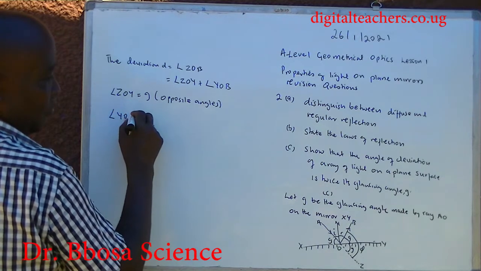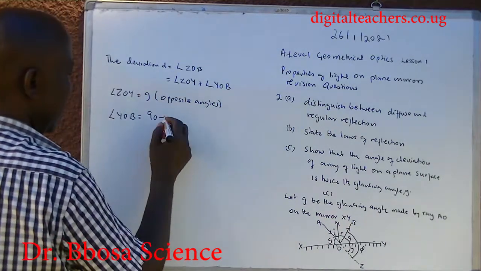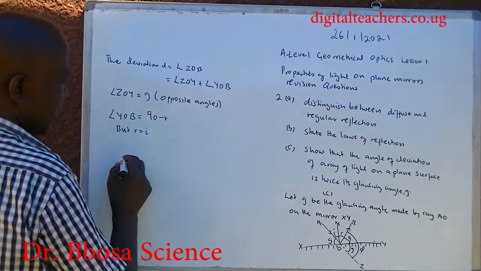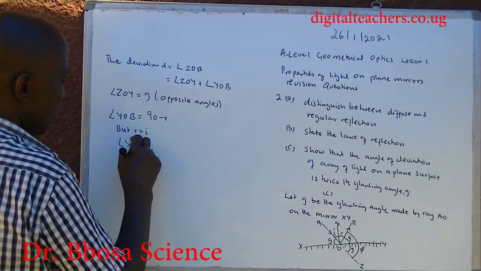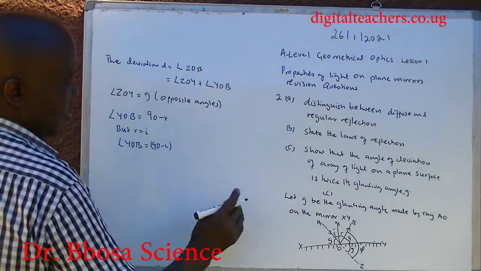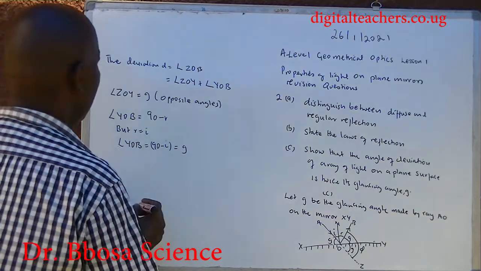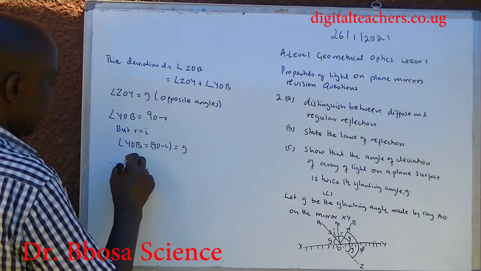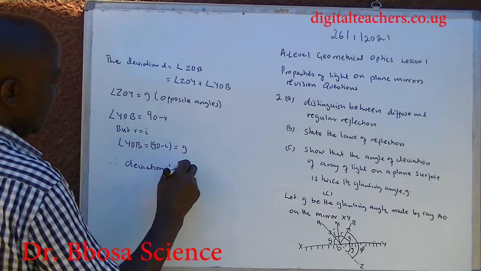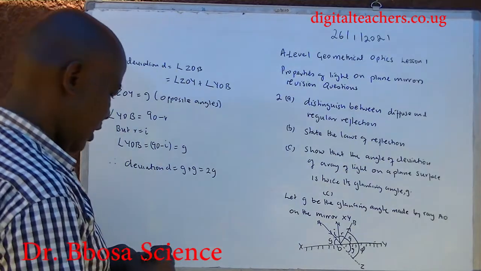Angle YOB is equal to 90 minus R. But R is equal to I. So angle YOB is equal to 90 minus I. Angle 90 minus I is the same as G. Therefore, deviation D is equal to G plus G, which is equal to 2G.